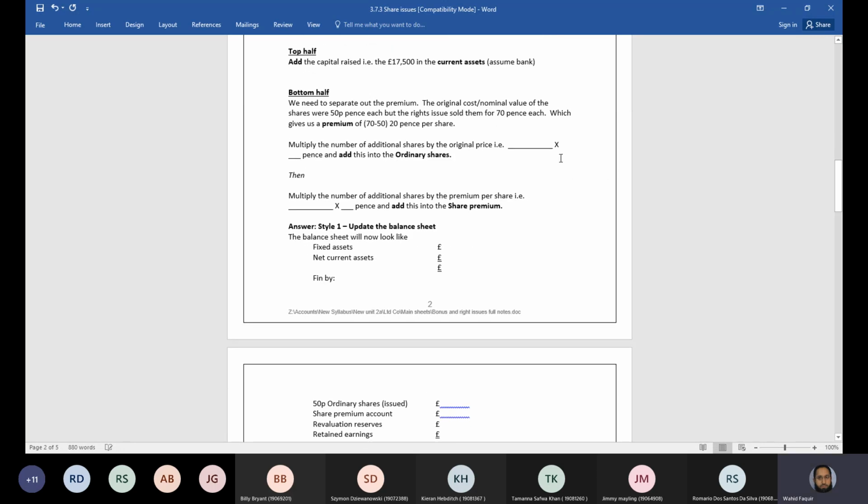So use that figure, multiplied by the nominal value, splitting it between the nominal value and the share premium. So that's 50p. How much does that give us?